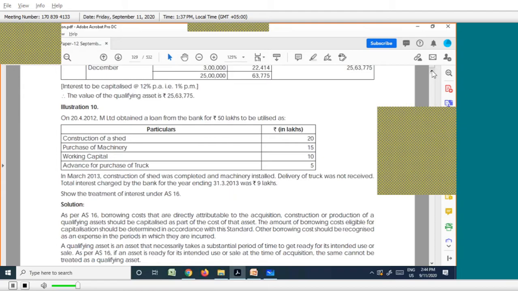Then next, if there is a qualifying asset, what is the accounting treatment? If there is no qualifying asset, then what is the accounting treatment?